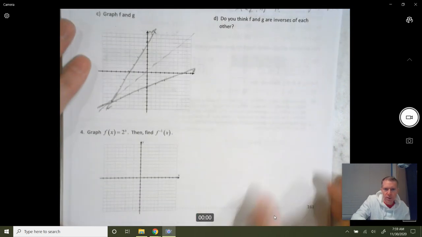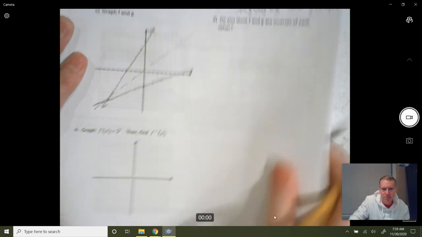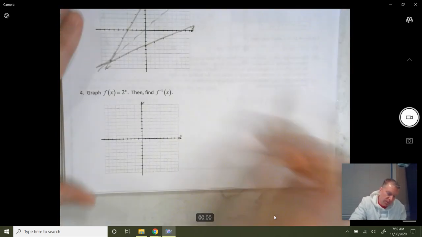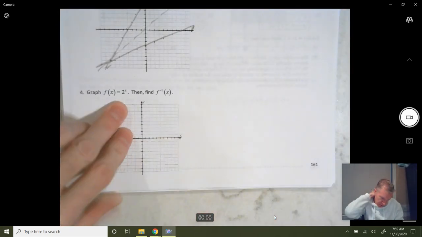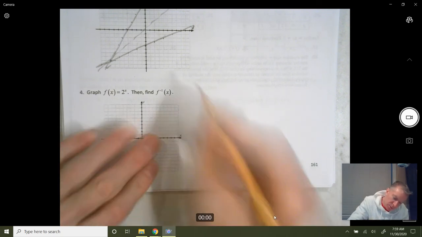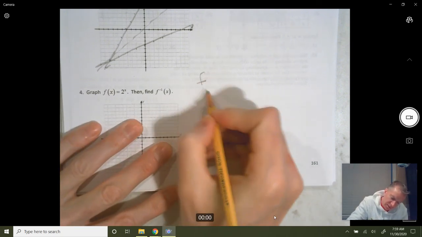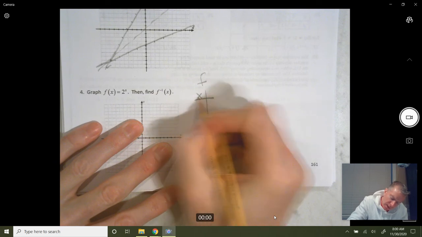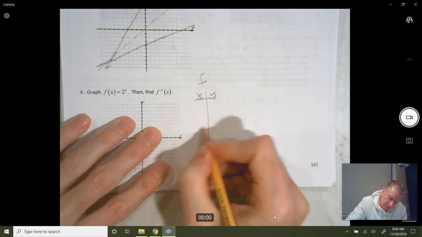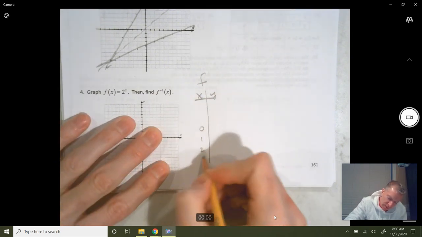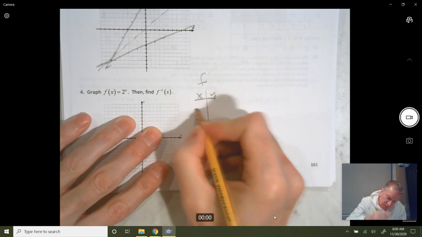Okay, one last one, an exponential function. So f of x equals 2 to the x. Let's plot some points. In your f function, x and y, let's put 0, 1, 2, 3, -1, -2.